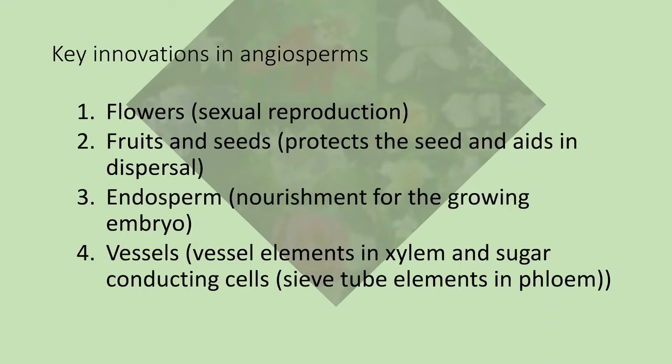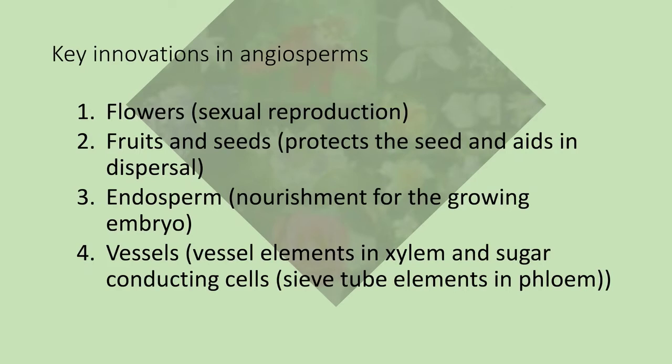Recall that with gymnosperms, they also use pollen for reproduction or to spread sperm to other individuals, but that's just done by the wind. And so that pollen can land anywhere. So we'll see that the flowers of angiosperms has really helped the pollen to be targeted and reach the individuals of the same species.